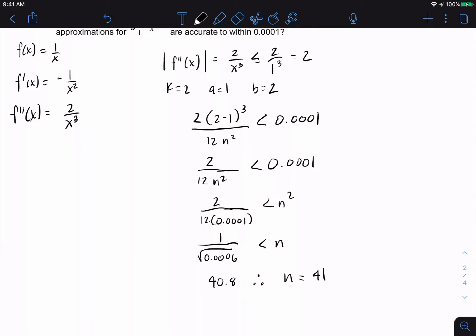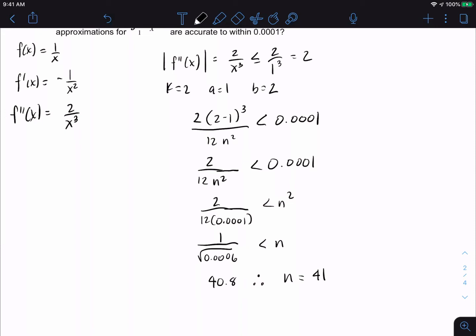I don't, Professor. Can you explain that for me, please? Yeah. The reason is that if it takes 40.1 n's to get to the right accuracy, 40 would not get us the accuracy that we need. So we have to go beyond it to get the accuracy, since we're talking about integers.